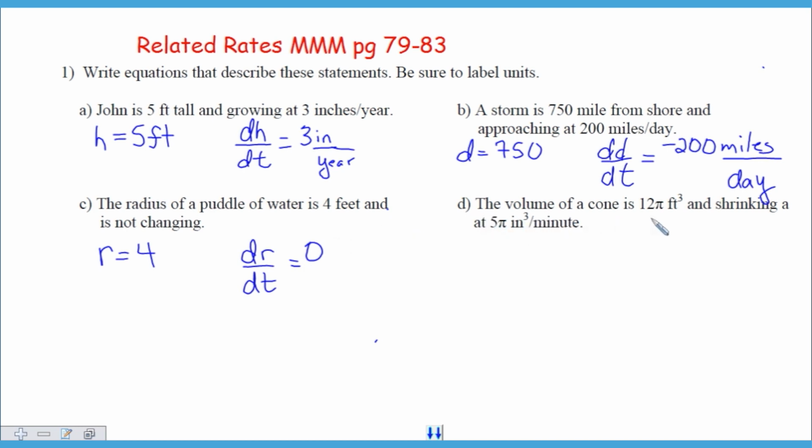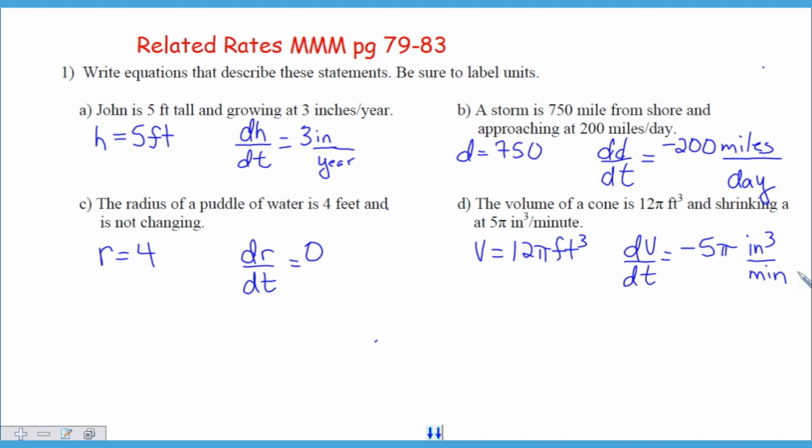And in part D, the volume of a cone, so V equals 12 pi feet cubed. And in this, guys, anytime you have anything cubed, you're going to be dealing with volume, so be on the lookout for that. And it is shrinking, so dV/dt, the change of the volume, is negative 5 pi inches cubed per minute, because when things get smaller, it's negative.